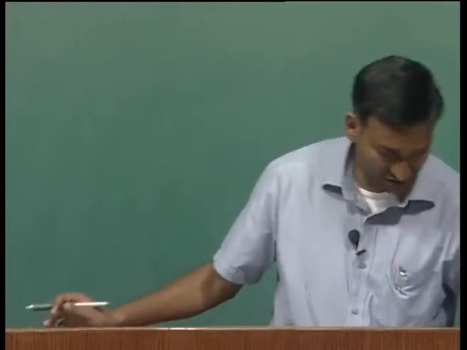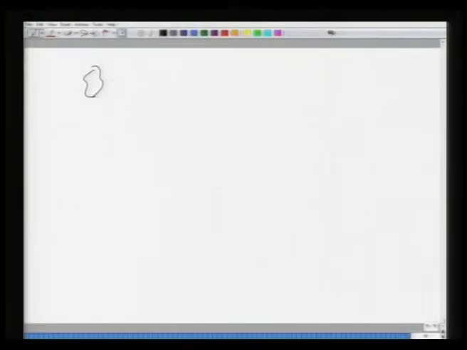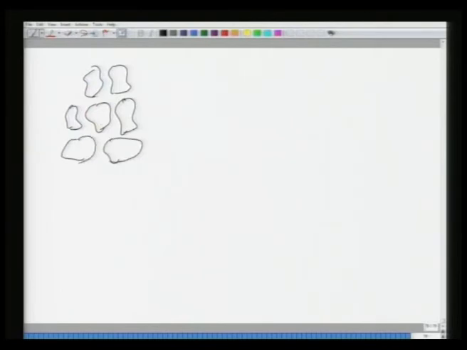So, I'll now draw this. What you have here is basically these particles. So, this is your zinc oxide particle, whose diameter is roughly 10 to 50 microns, zinc oxide or silicon carbide, and between these you have these intergranular layers.